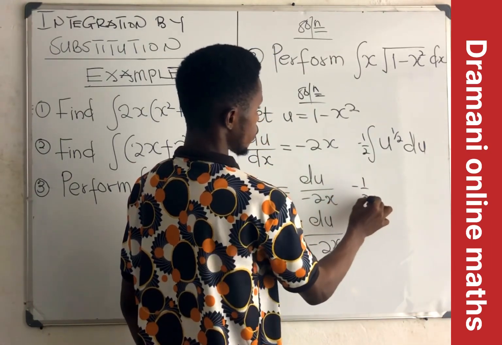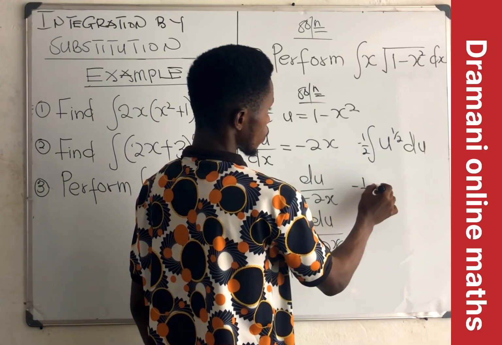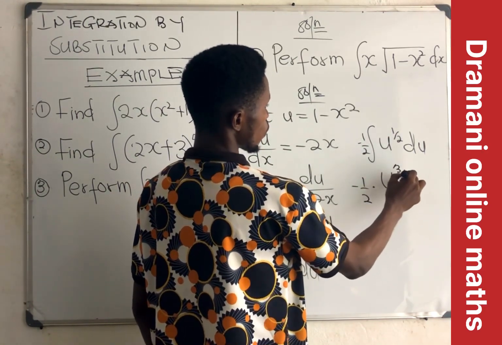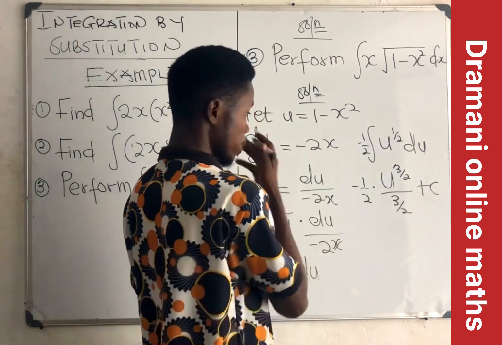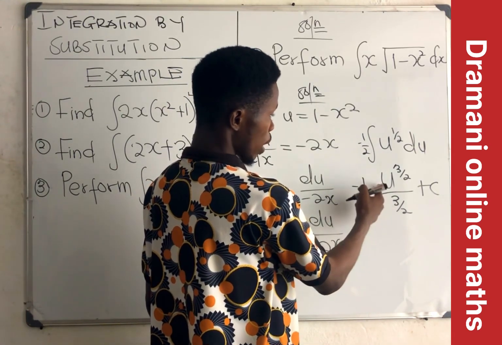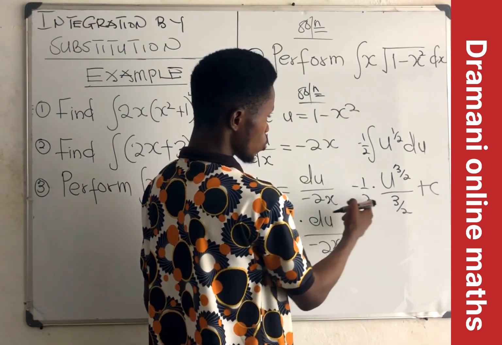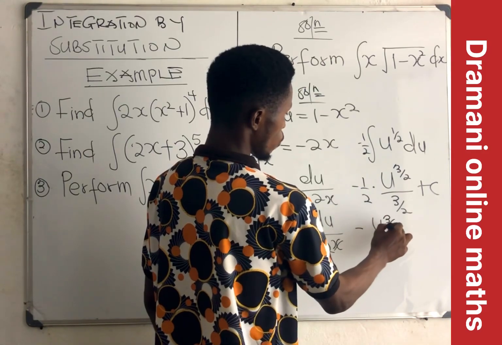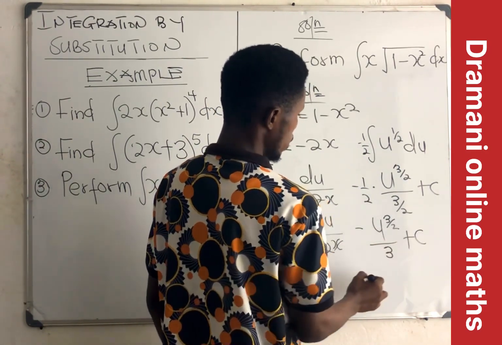So negative half, if I integrate this, I add 1 to the power, which gives 3 over 2, divided by 3 over 2, plus c. Remember, this is indefinite. The twos will cancel, leaving negative u to the power 3 over 2, over 3, plus c.